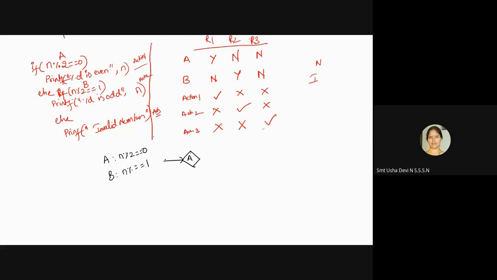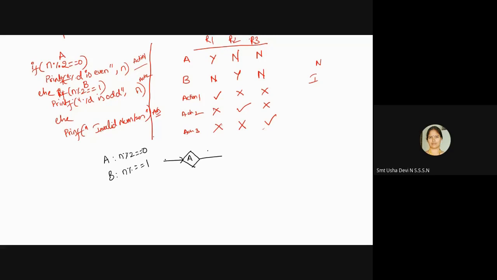If this condition A is true, then you observe this, simply you can get the idea. A is true. Here I am talking about this one. Okay, we start with this.